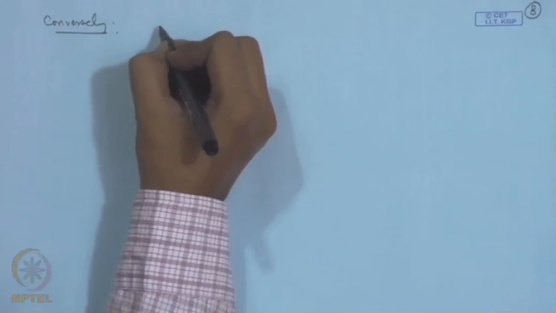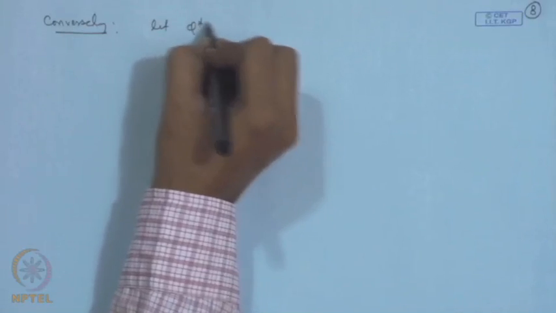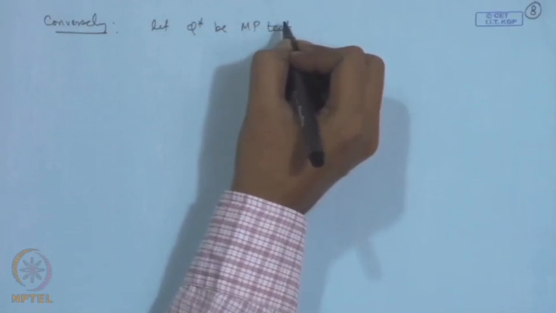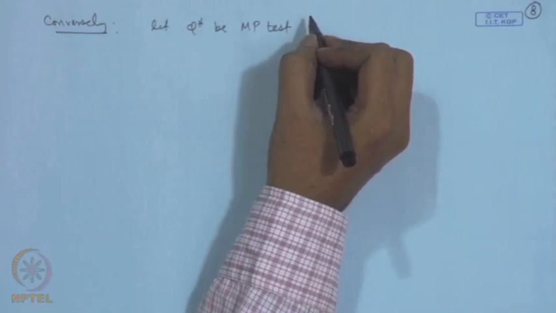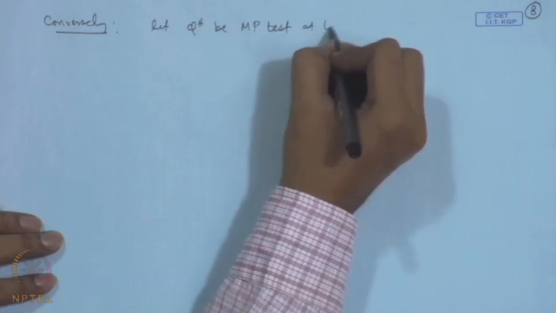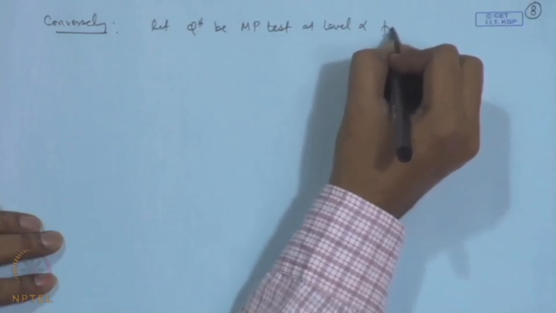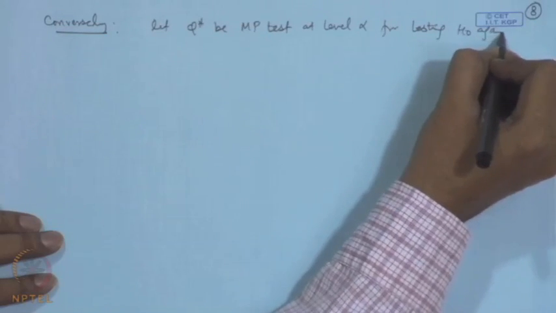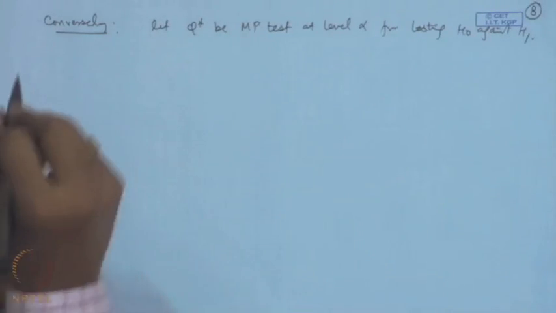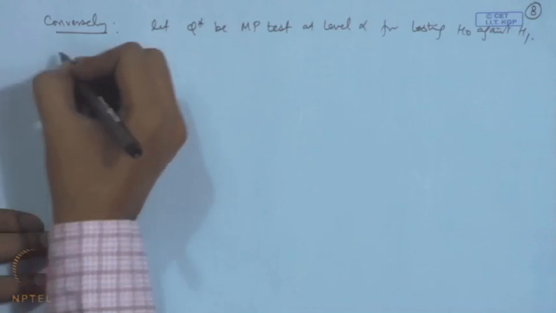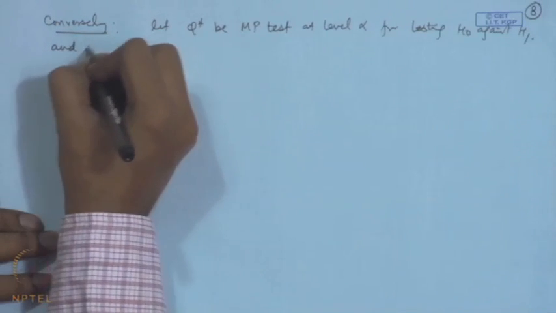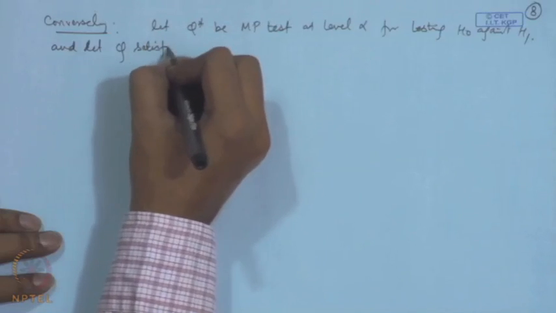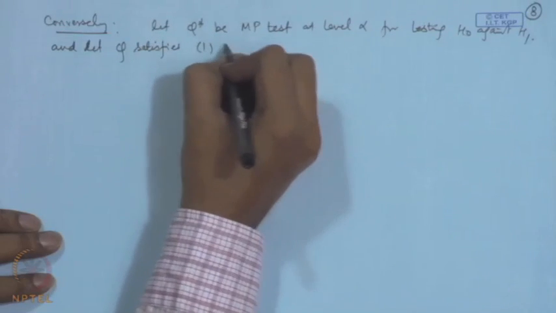So, let phi star be another most powerful test at level alpha for testing H naught against H 1, that we have specified here. And let us consider that phi satisfies conditions 1 and 2.